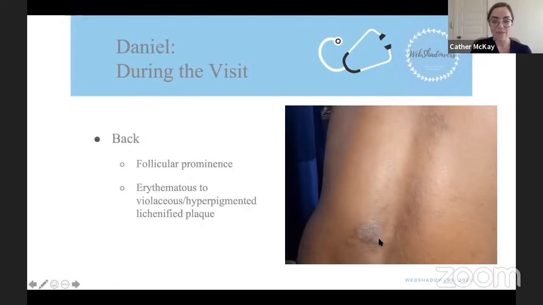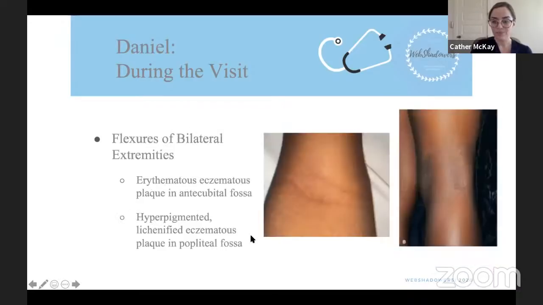So when you see that lichenification, it's a sign that it's been there a long time. He's probably itching and scratching at that spot in particular. And you can even get into an itch-scratch cycle. The more you scratch, the more it itches, and it just feeds itself and gets out of hand. So those can be just pretty uncomfortable for the patient.